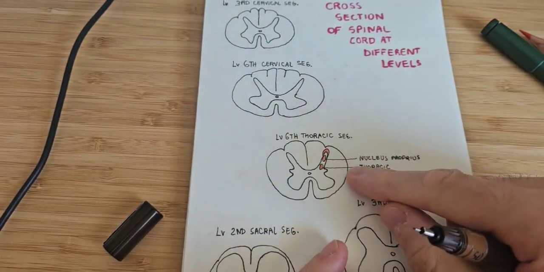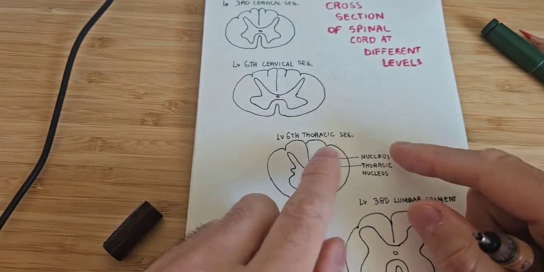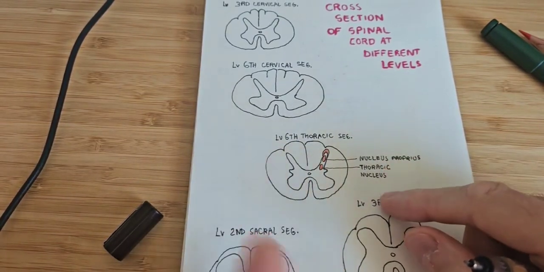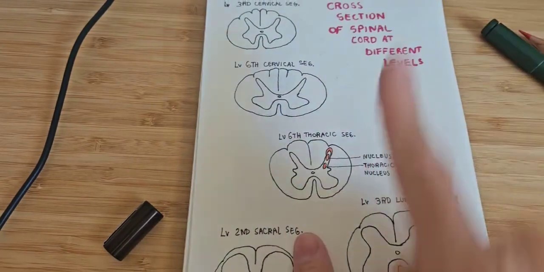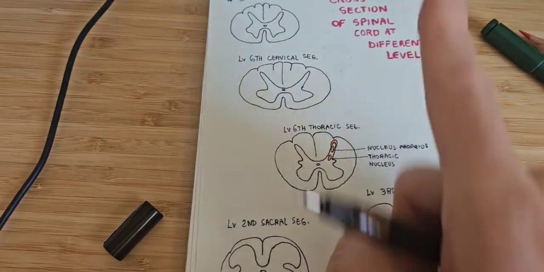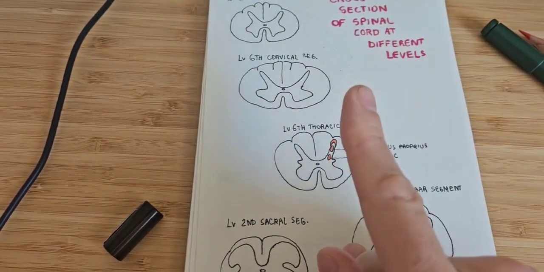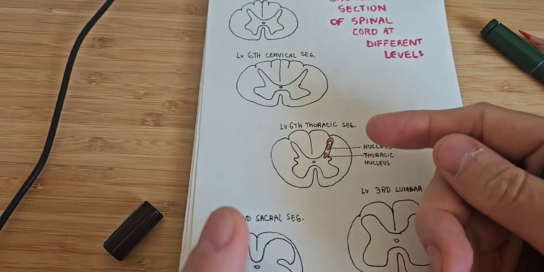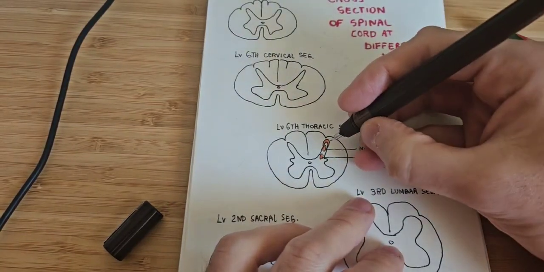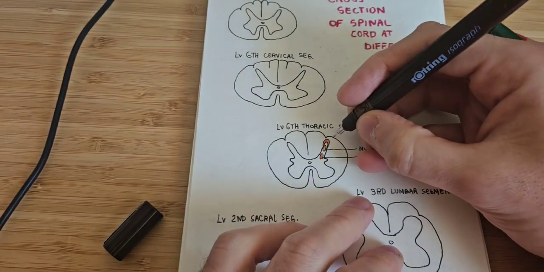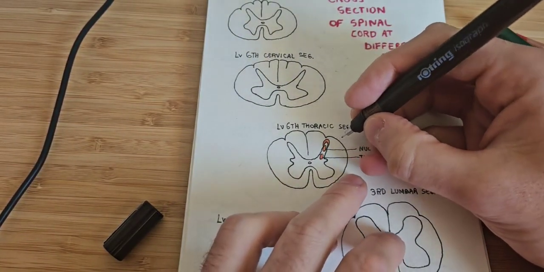The anterior spinothalamic tract mainly transmits pain and temperature sensations to the thalamus.